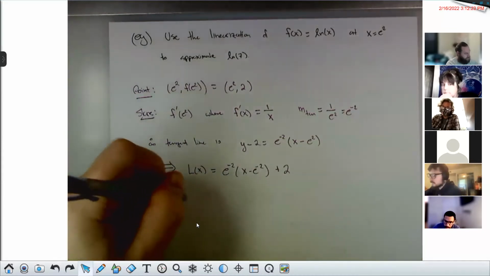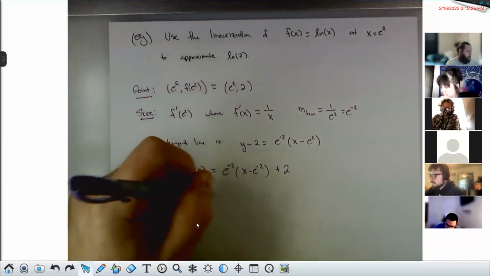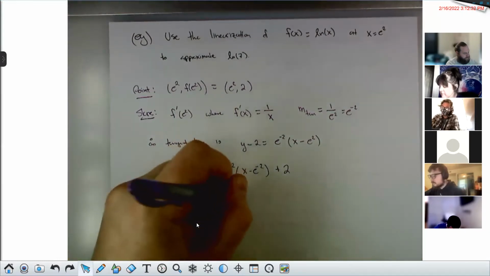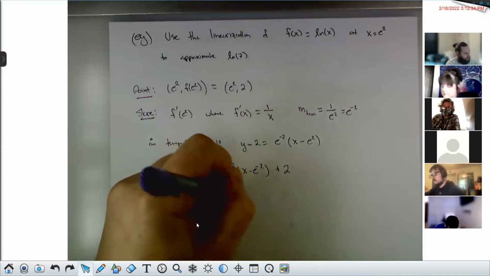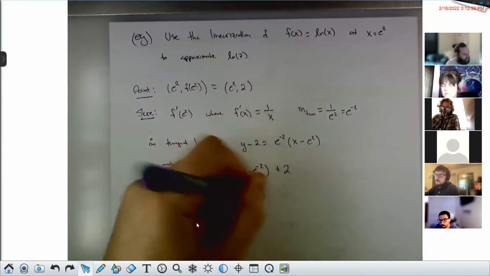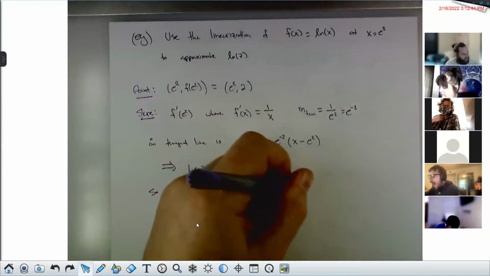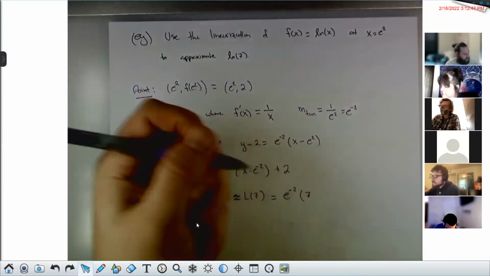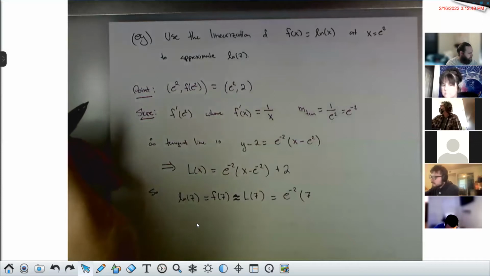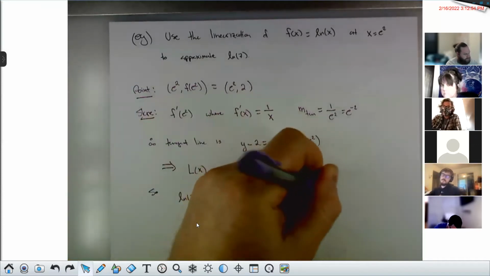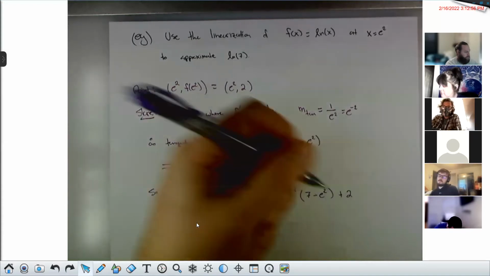So the natural log of 7, which is exactly equal to f of 7, will be approximately L of 7, which is exactly e to the negative 2 times 7 minus e squared, plus 2.